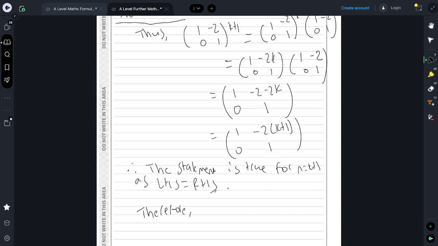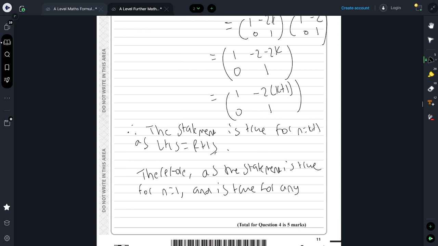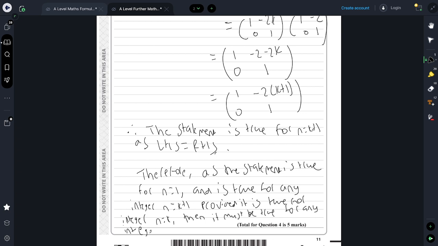Therefore, as the statement is true for n equals 1 and is true for any integer n equals k plus 1, provided it is true for n equals integer k, that means, again, by our chain of reasoning of the idea of proof by induction, then it has to be true for any integer n greater than or equal to 1.